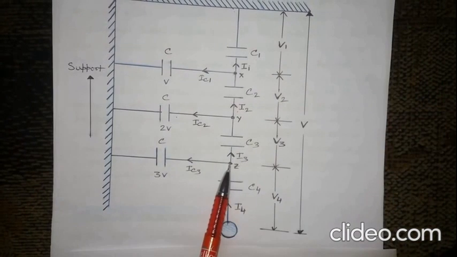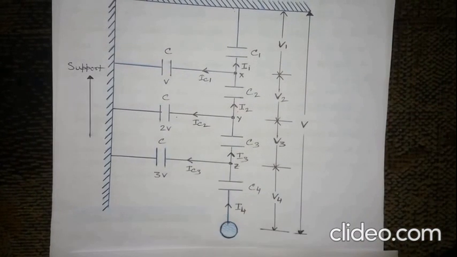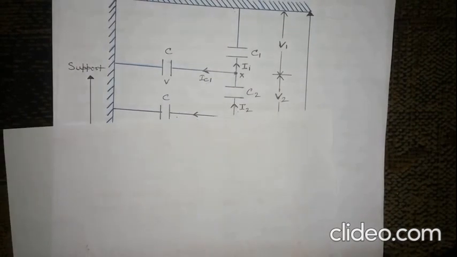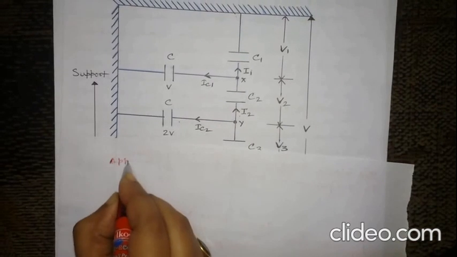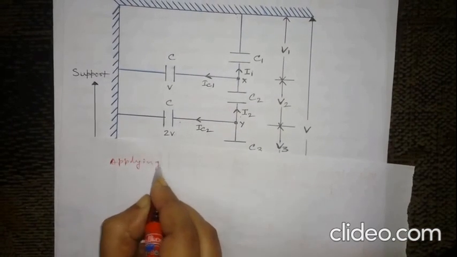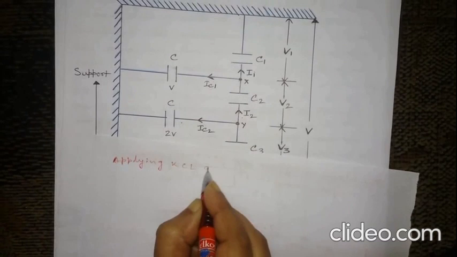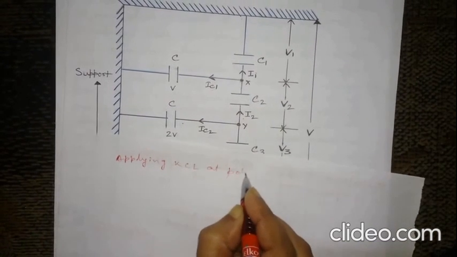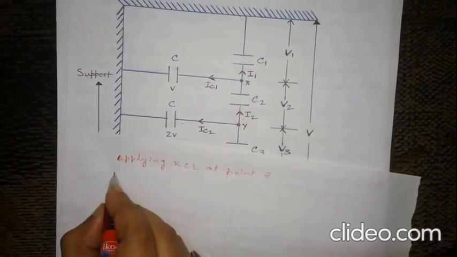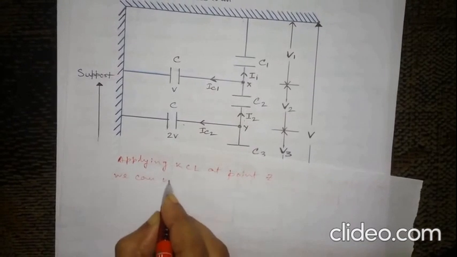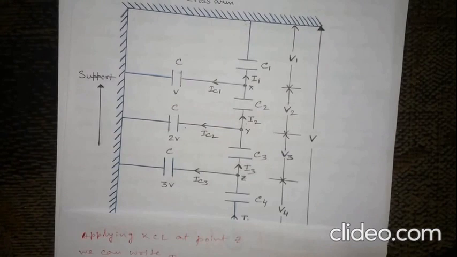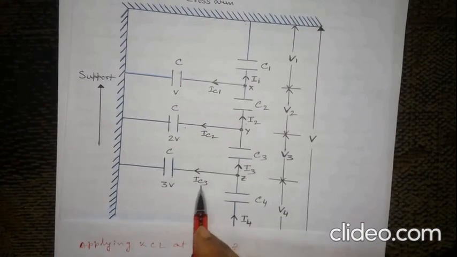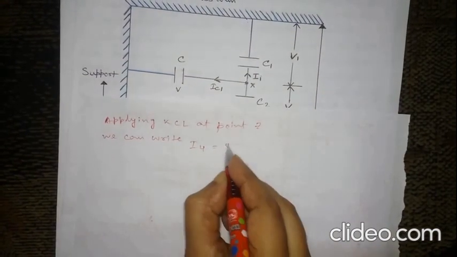Now apply KCL at point Z. We can write I4 is equal to I3 plus IC3.